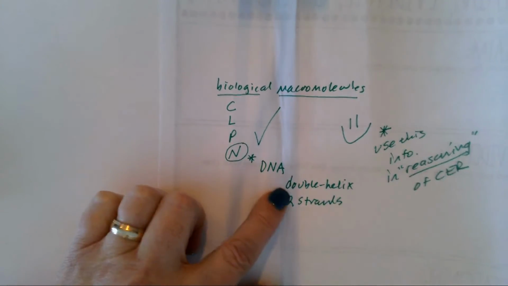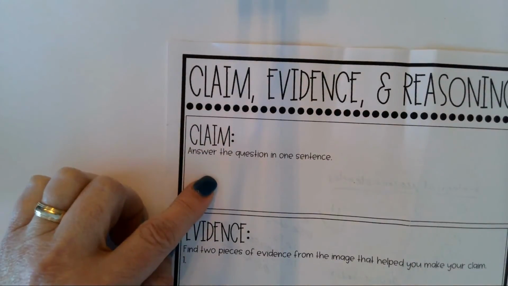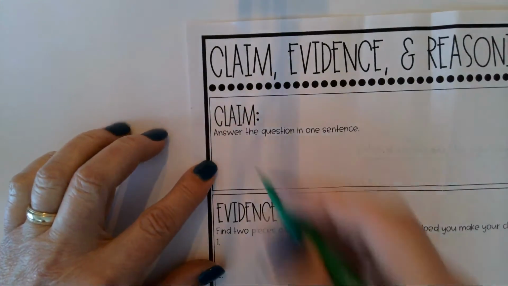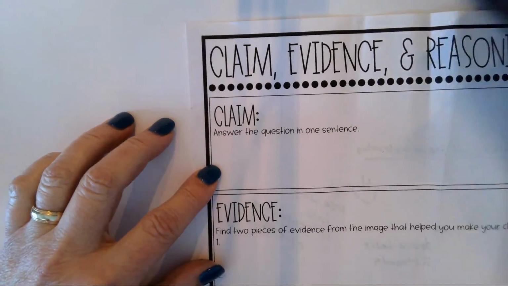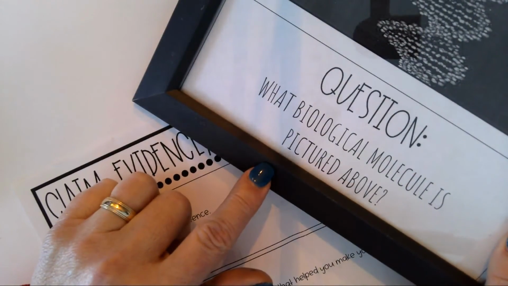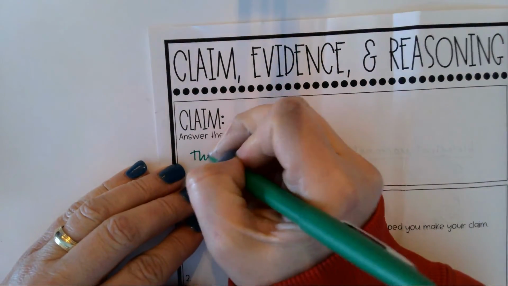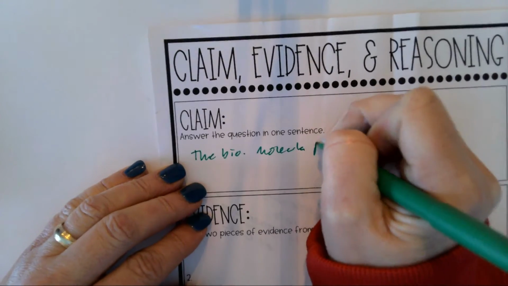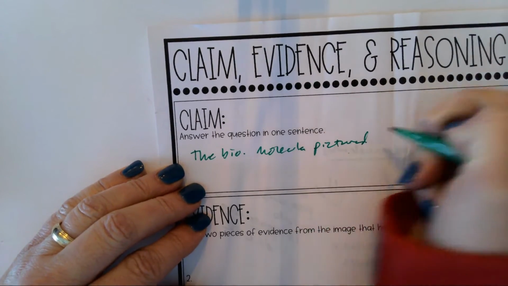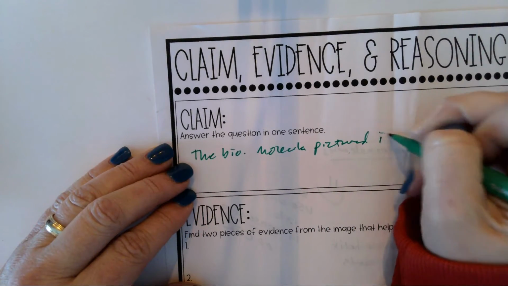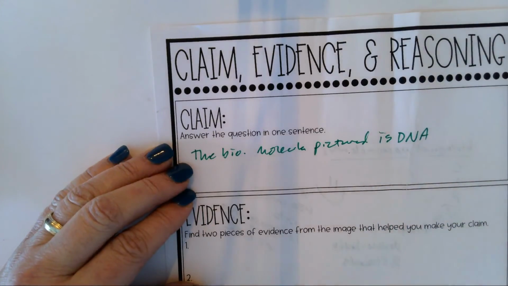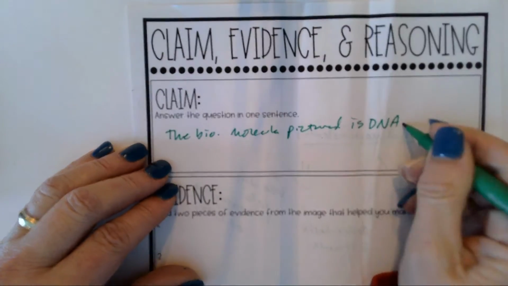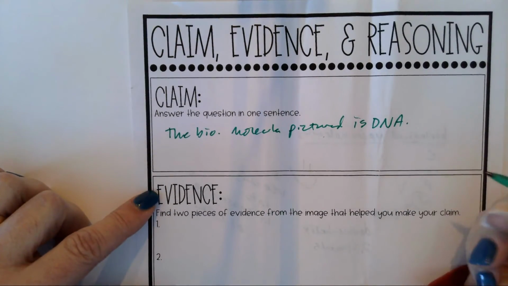Since we looked at that question, we decided it was DNA, that's our claim. So our claim is to answer this question: what biological molecule is pictured above? So the biological molecule pictured, and you guys can write this neater, is DNA. So do we have evidence to support that claim?